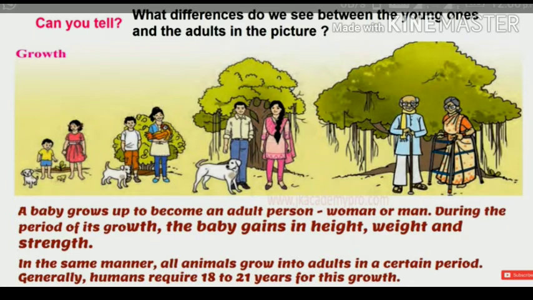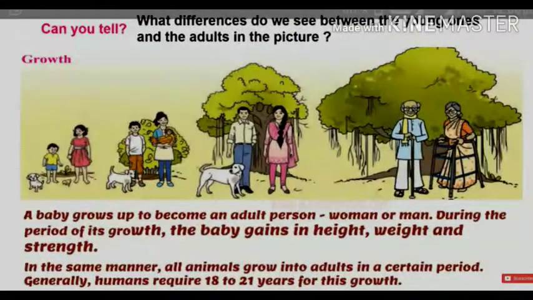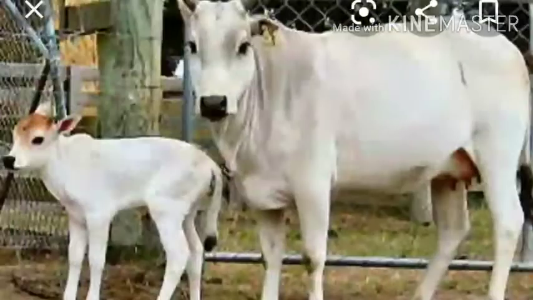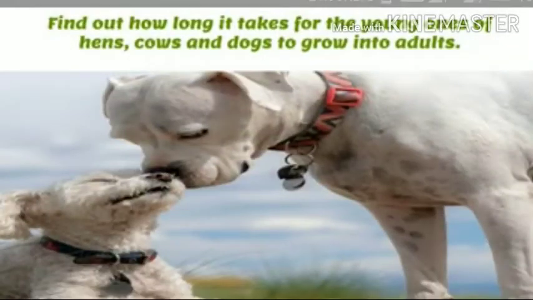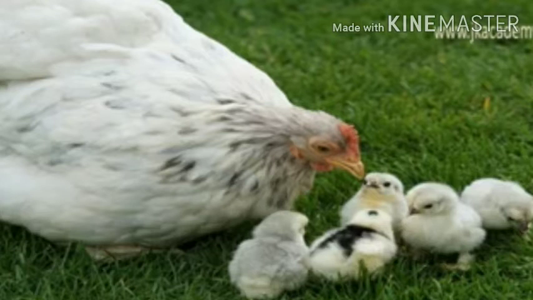Generally, human beings require 18 to 21 years for this growth. That is, to grow from a baby to a young adult, it takes about 18 to 21 years of age. Now students, find out how long it takes for the young ones of hens, cows and dogs to grow into adults. That is, from baby to adult. For example, a hen.